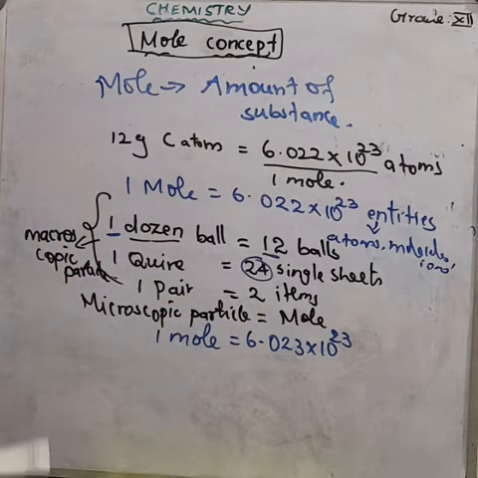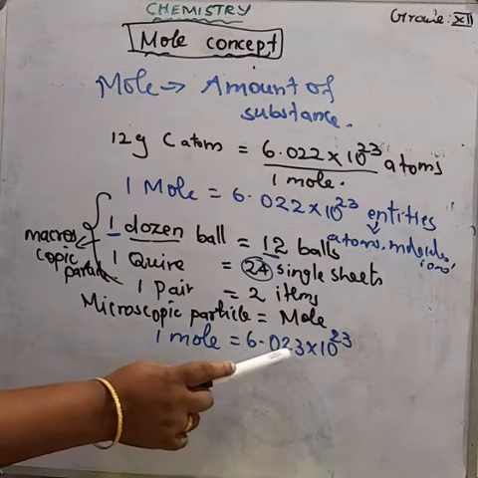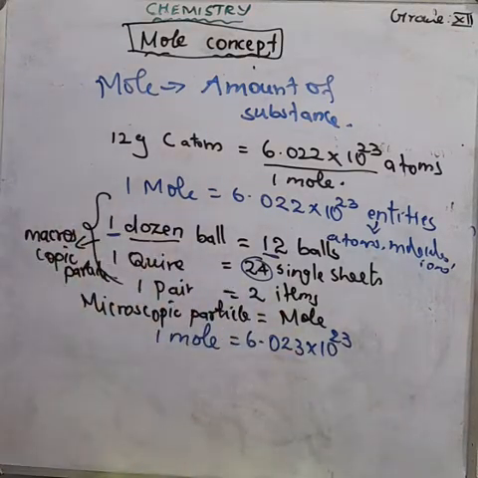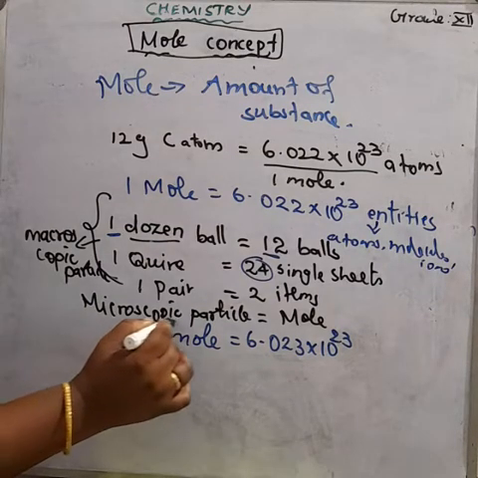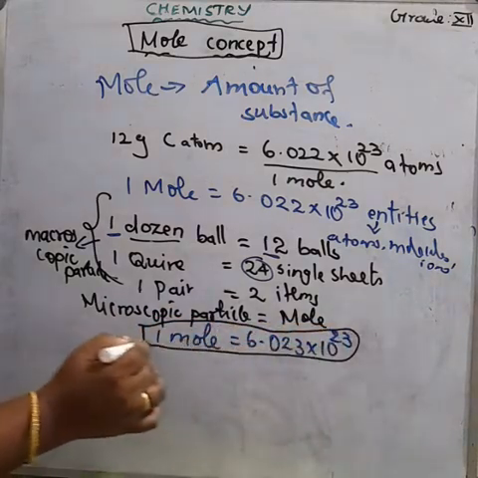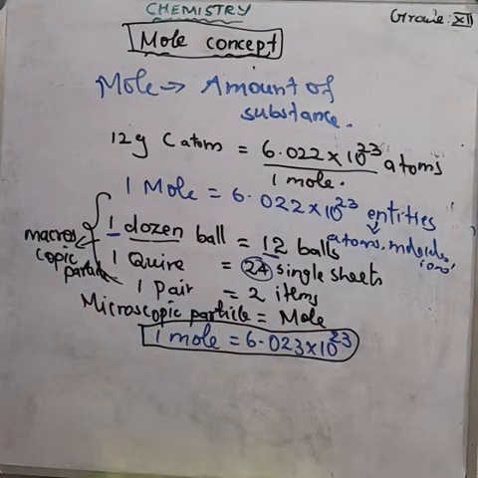Understood, students? Like that, 1 mole means 6.023 × 10^23. That's all. So 1 mole of atoms contains 6.023 × 10^23 atoms.